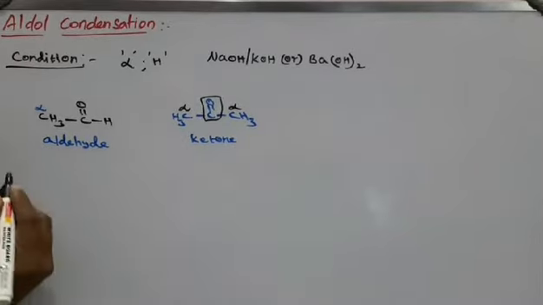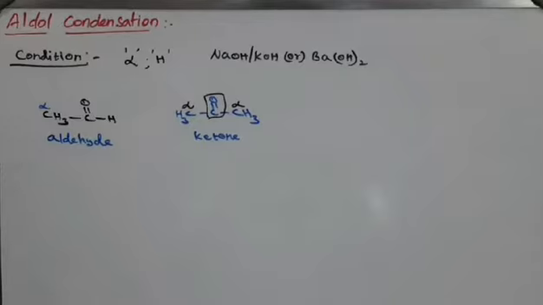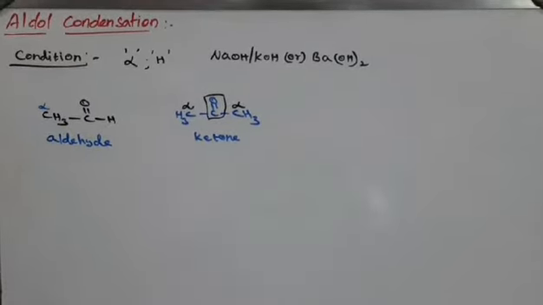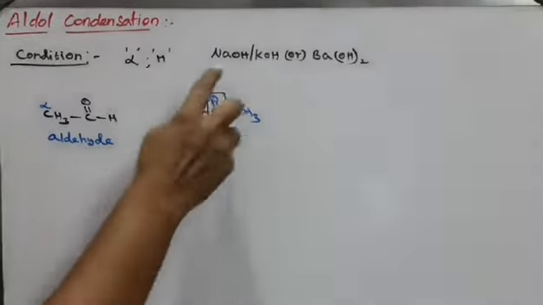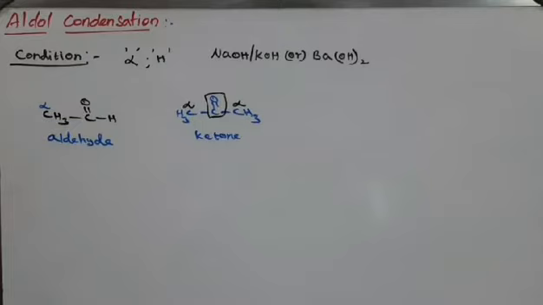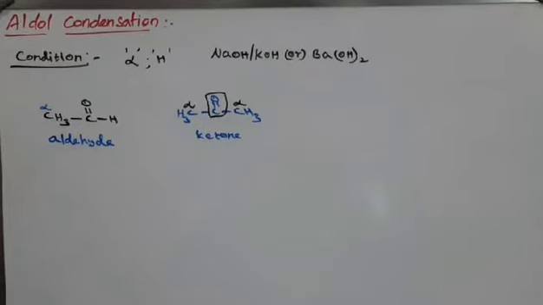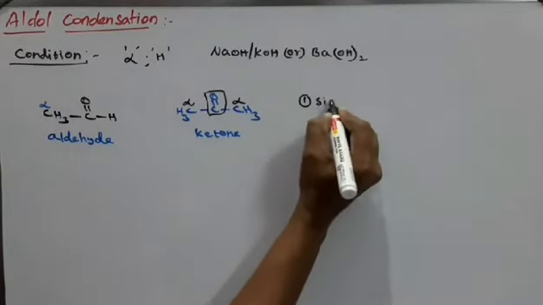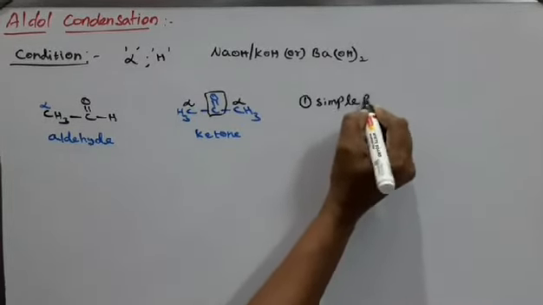Aldol condensation means 2 aldehydes react in the presence of alkali like sodium hydroxide, potassium hydroxide, or barium hydroxide to form a simple product first.